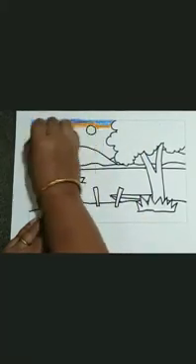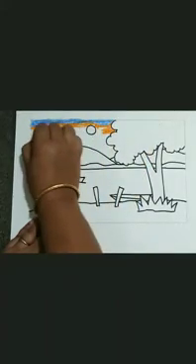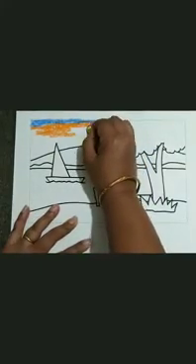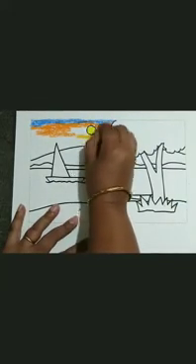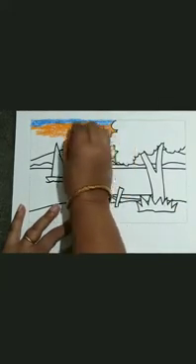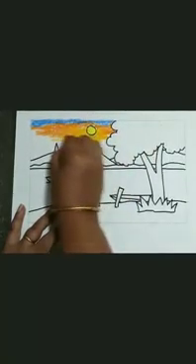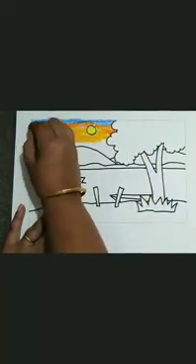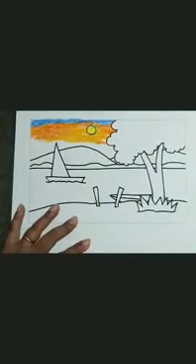So first we have taken blue color, that's the primary color. Then we have taken orange, then yellow. Orange is again a secondary color. Then we have used lemon yellow for the sun, which is again a primary color. And again we are using orange color, that's the secondary color.